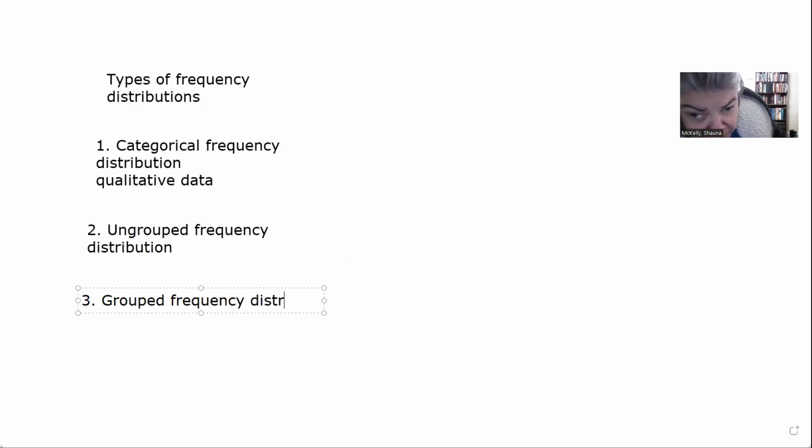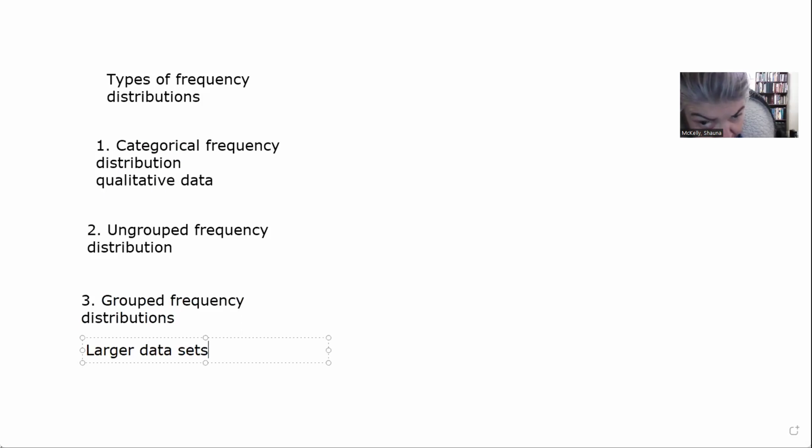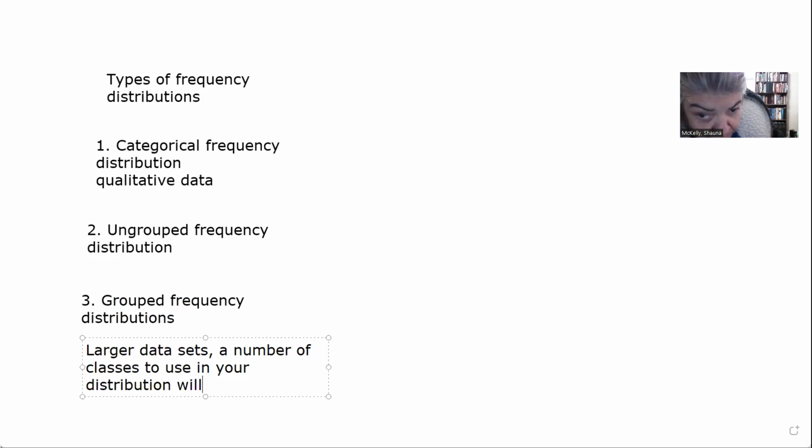Grouped frequency distributions have larger data sets. And for Professor Nickdell's class, a number of classes to use in your distribution will be given.